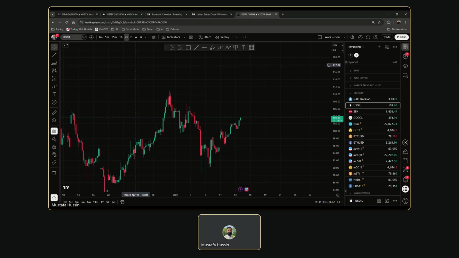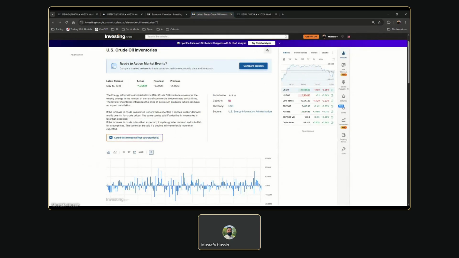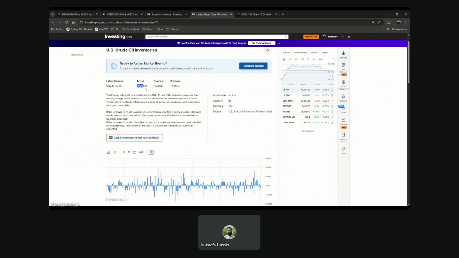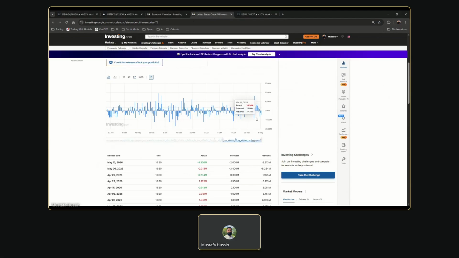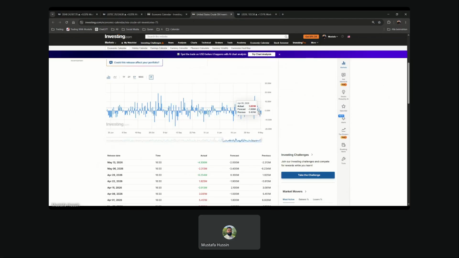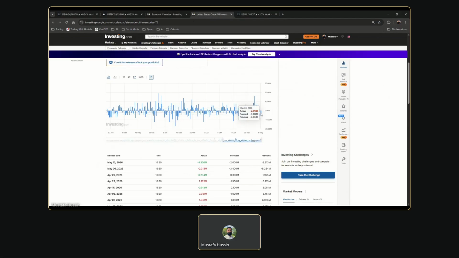How did it affect the oil? The forecast was 2 million, and the actual became 4 million, double the amount. Something has to be happening right there.